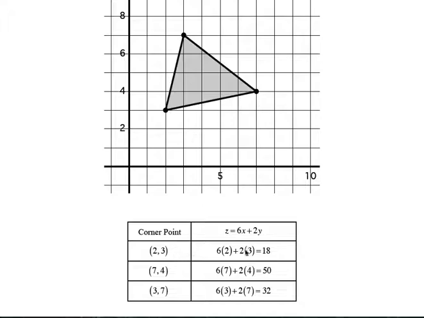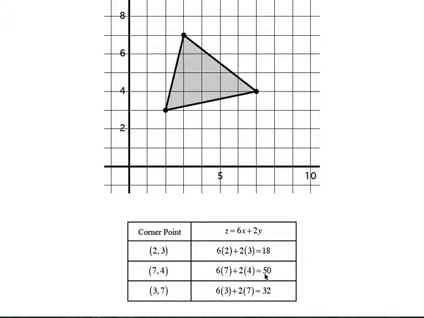So here you see the calculations. If you substitute a 2 for x here and a 3 for y here, 6 times 2 is 12, plus 2 times 3 is 6. So 12 and 6 is 18. So that's the value of z at this point. Then at x is 7, y is 4. 6 times 7 is 42, plus 2 times 4 is 8.